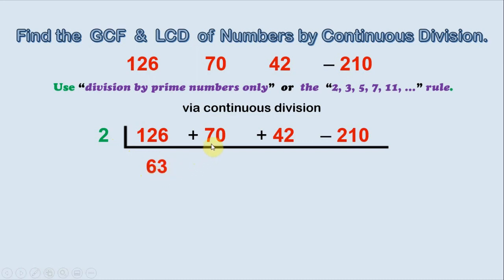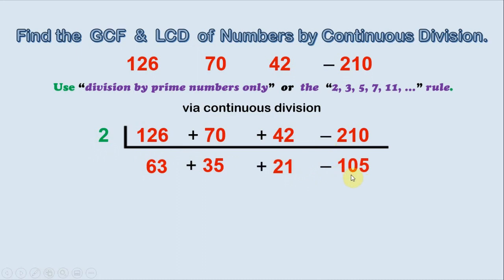Divide 70 by 2 to get 35. Divide 42 by 2 and we shall have 21. Divide negative 210 by 2 and we shall have negative 105.